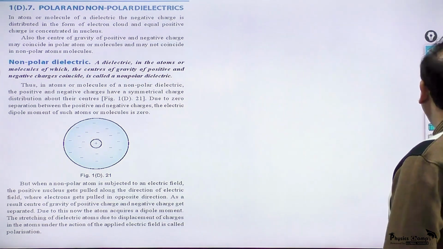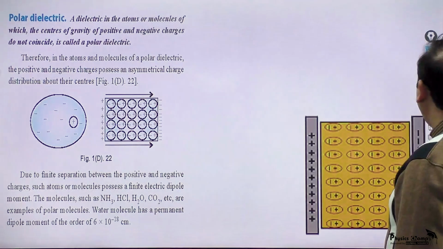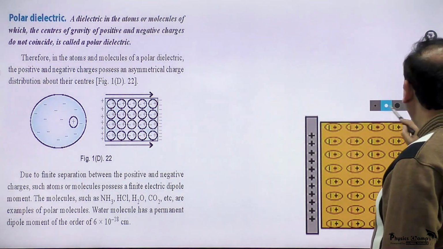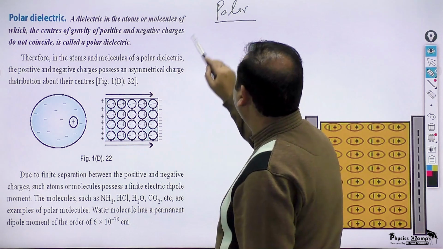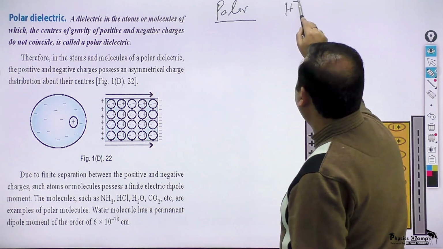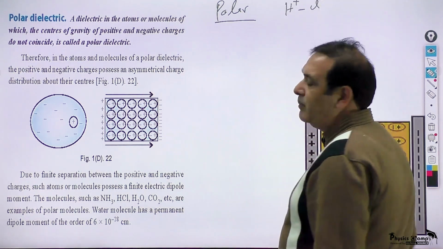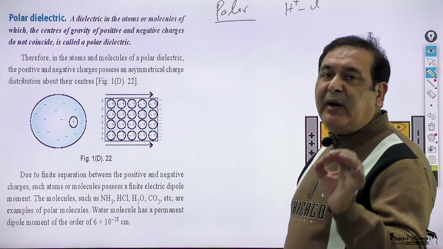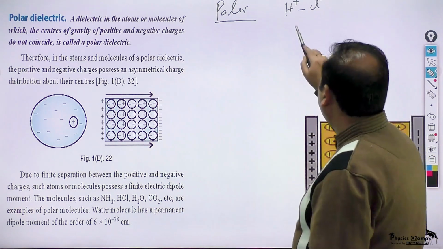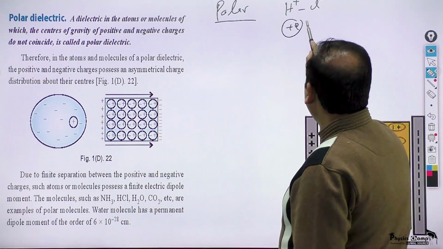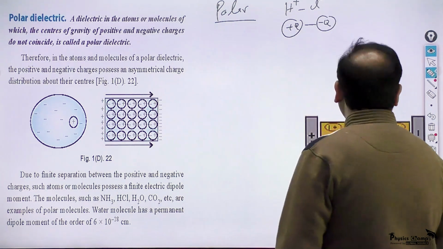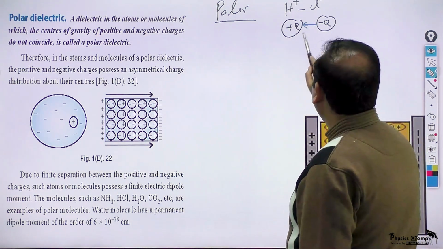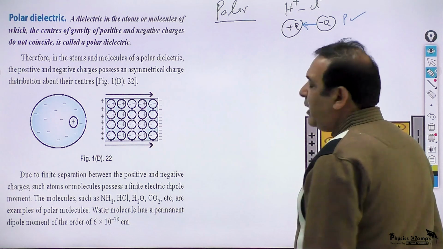The next is about polar dielectrics. An example is HCl. Here the hydrogen ion and chloride ion are placed a small distance apart and carry a certain dipole moment. They have a permanent dipole moment.